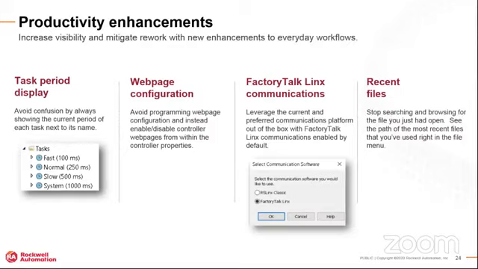From a productivity enhancement space, one of the key features you'll see in version 33 is that you can now write the name of the task when you add the scan rate. So you no longer have to manually add an underscore and the scan time to your task description.